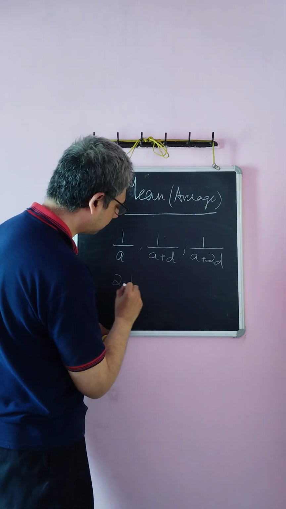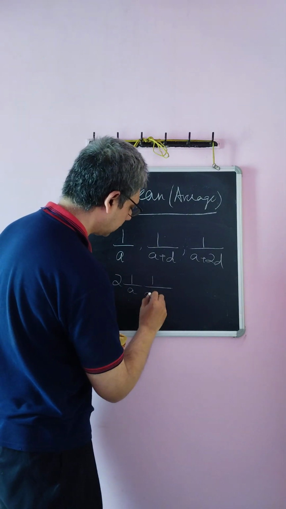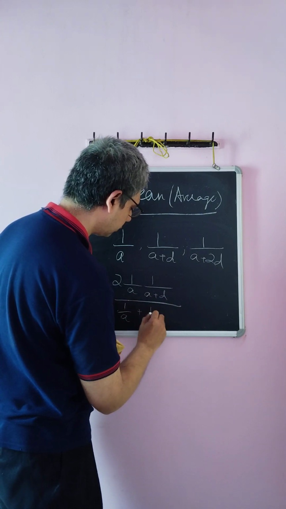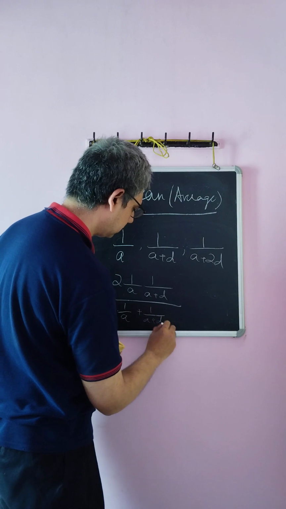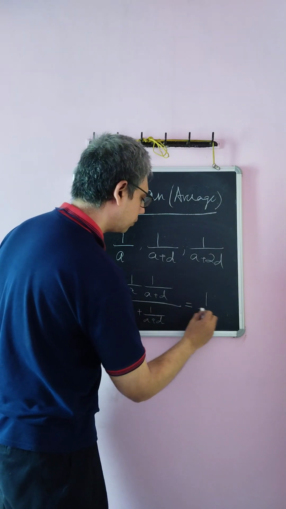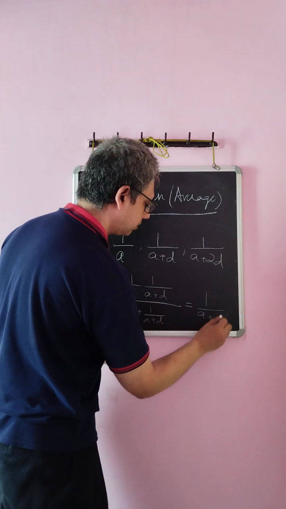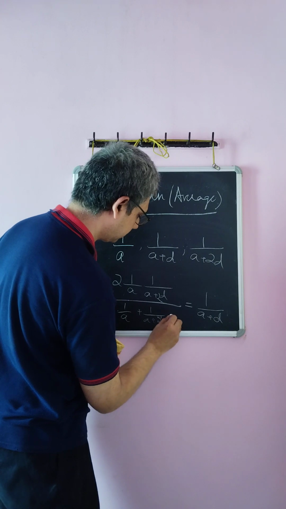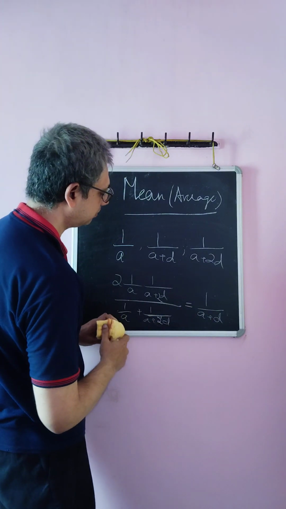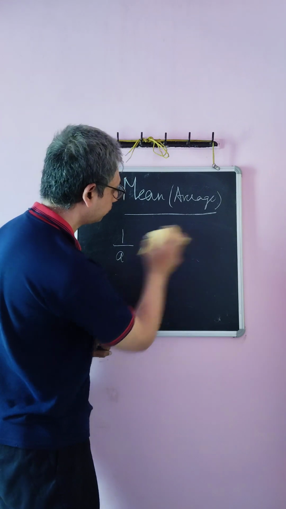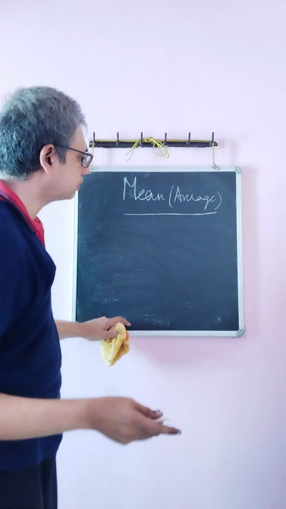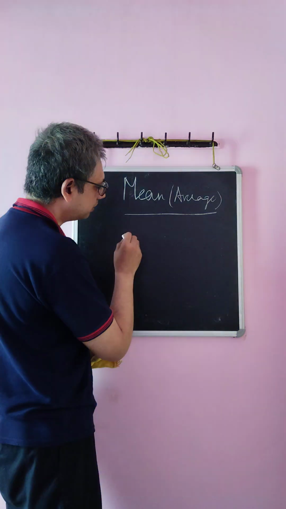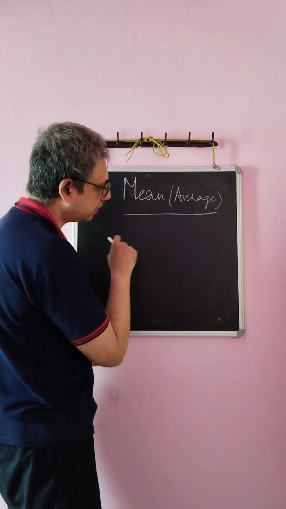That is, 2 times 1 by A times 1 by A plus 2D, divided by 1 by A plus 1 by A plus 2D, is equal to 1 by A plus D. This will be true.